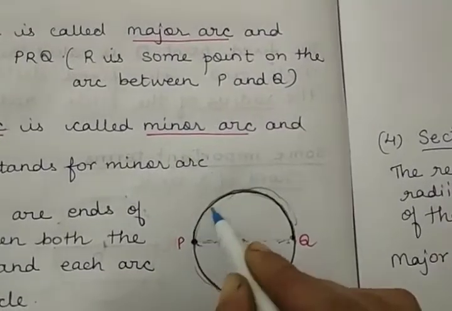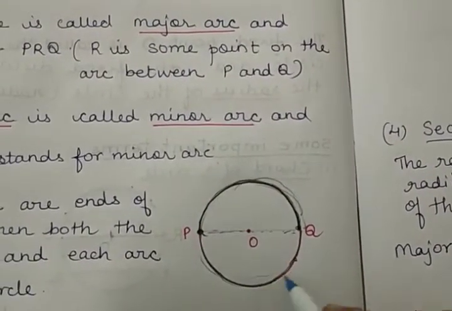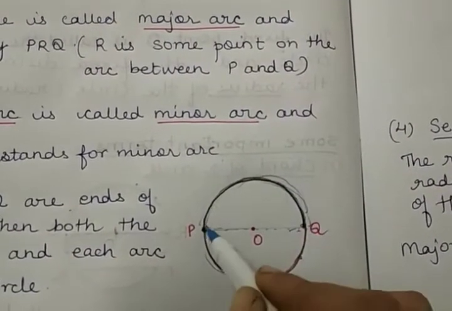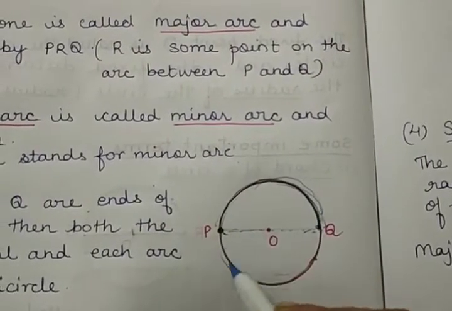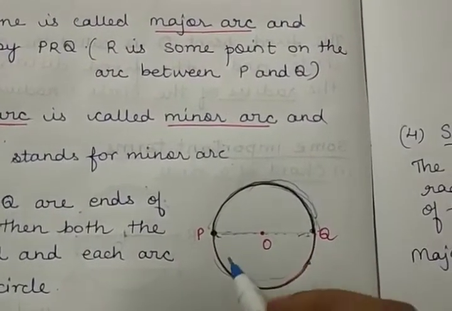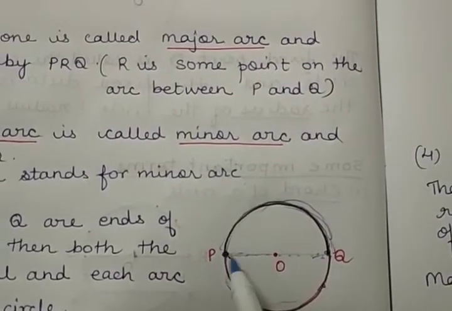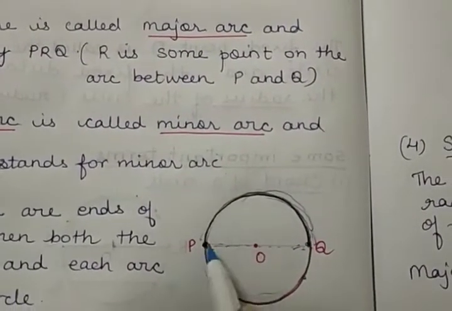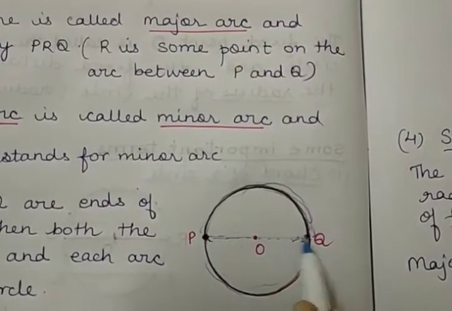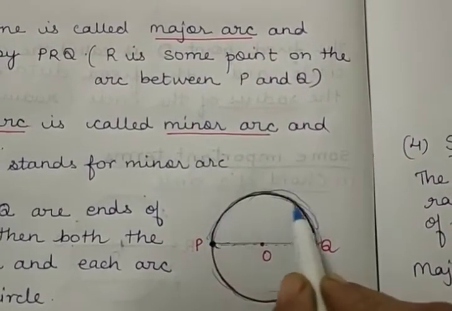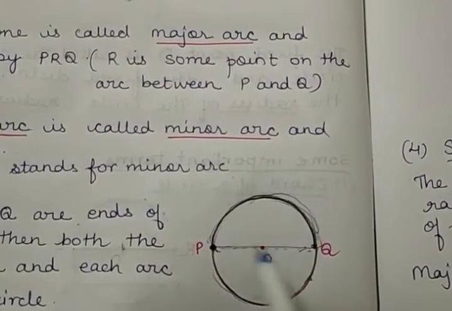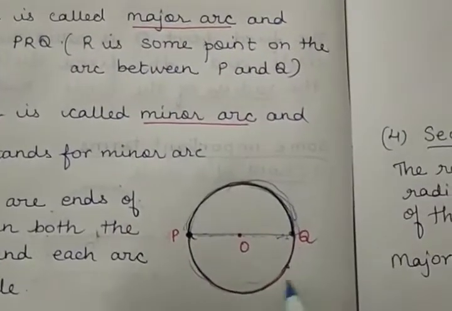So this is one arc, this is the other arc, this is your circle, and each becomes a semicircle if P and Q are the ends of a diameter. So if the 2 points of the arc are the ends of the diameter, then you get 2 semicircles, and these 2 arcs are of the same length.